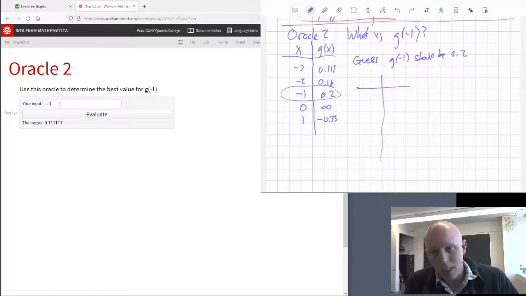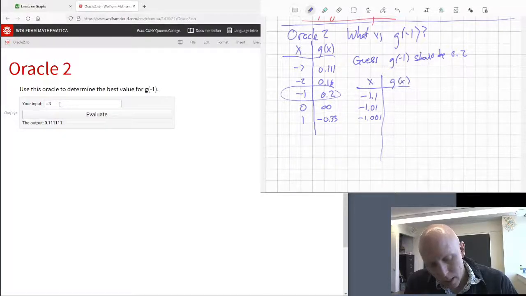If we go a little bit less than negative 1, we'll have negative 1.1, negative 1.01, negative 1.001, and so on. And if we had x and g of x, and then we wanted to go from the positive direction, we would start at negative 0.9, negative 0.99, negative 0.999.